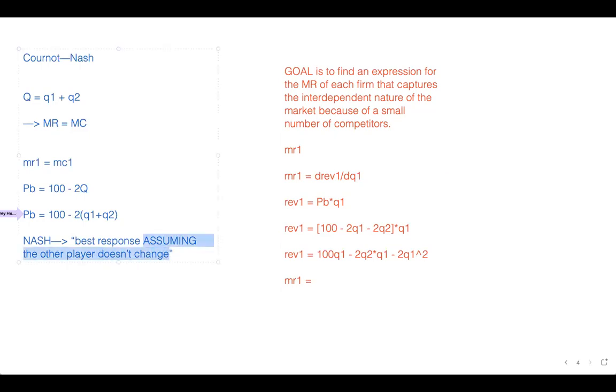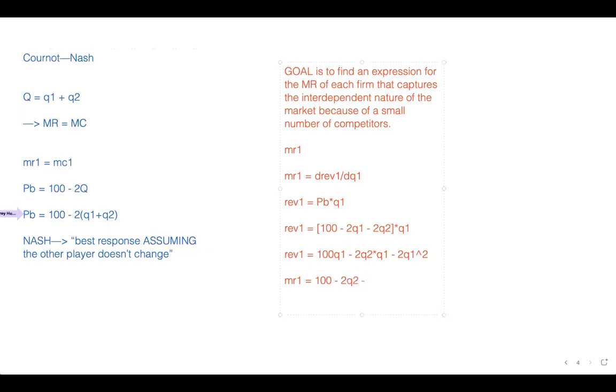Do you see, Wombly? Assuming the other player doesn't change. And that tells me what I need to do with the Q2 over here when I calculate the derivative, which means I just treat the Q2 as a constant and I don't do anything with it. So my result is going to be 100 minus 2 Q2.